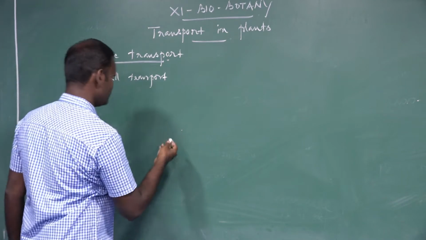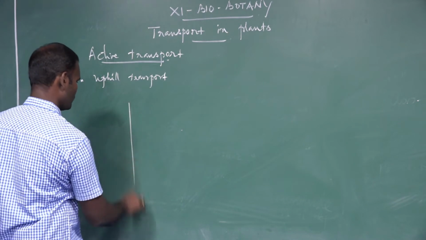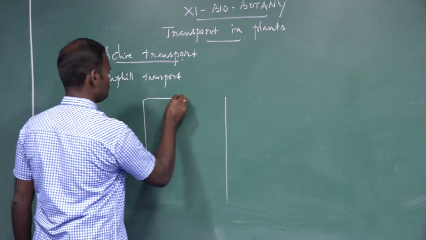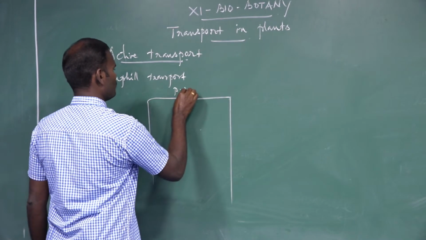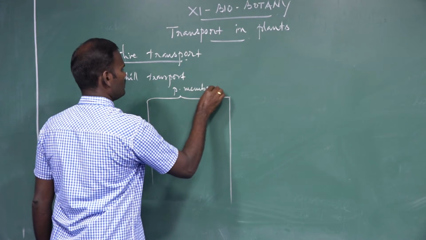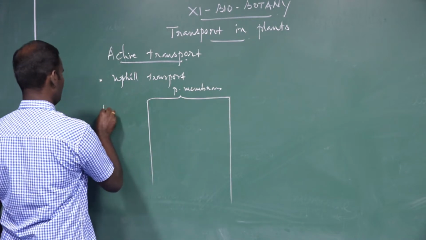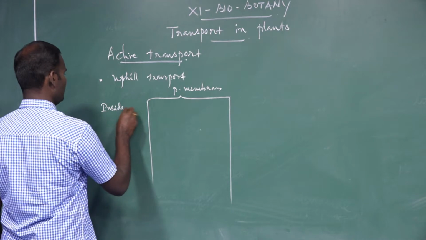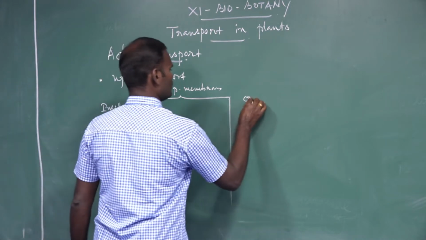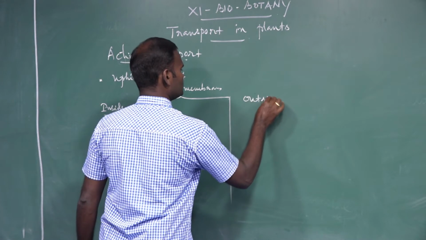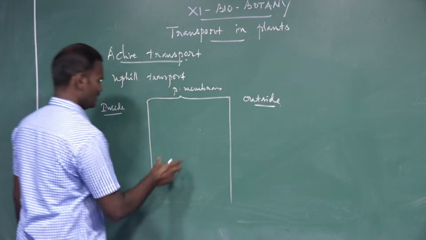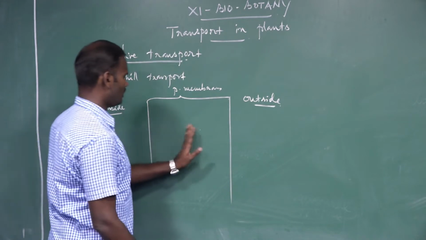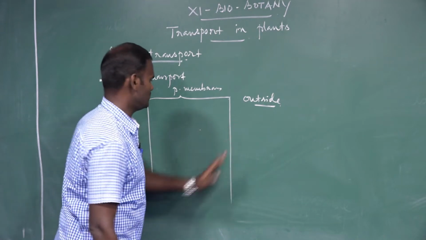Let us take an example. This is a plasma membrane, also called the cell membrane. This is inside the cell, and here is outside the cell. There are membrane proteins present in the membrane for transport from low concentration to higher concentration.